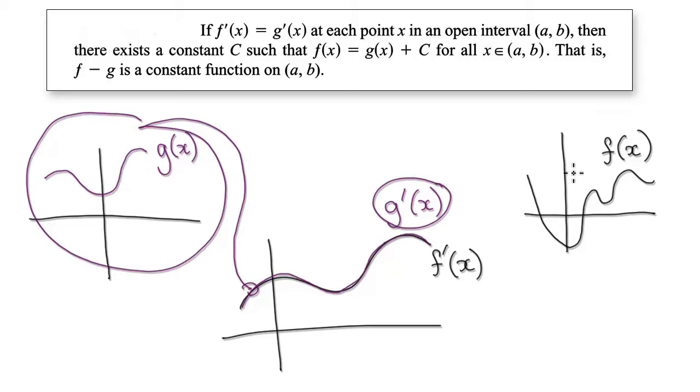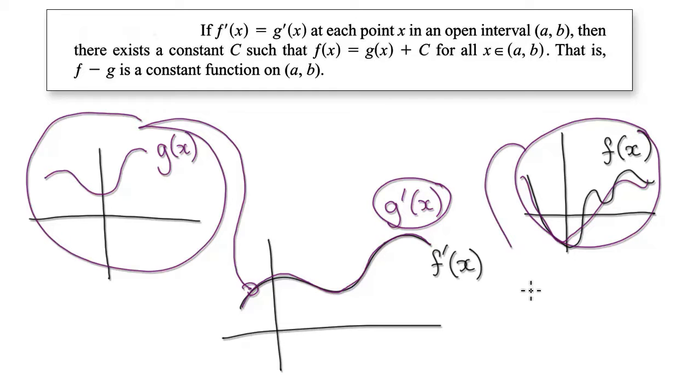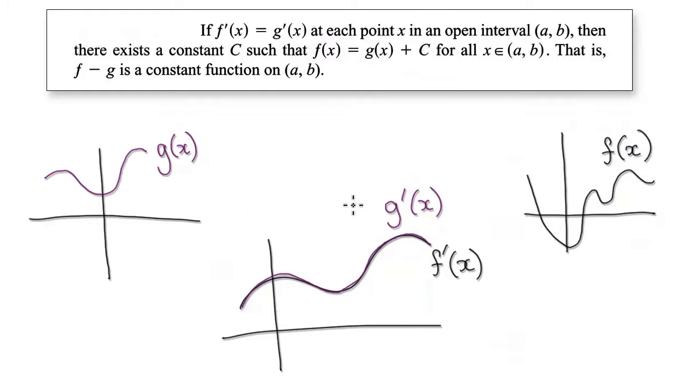How do we know that there isn't another function that, when you differentiate it, also gives you the same gradient function? What the book is saying is that if you have two gradient functions that are exactly the same, then the original functions g of x and f of x must be exactly the same but differ by a constant.